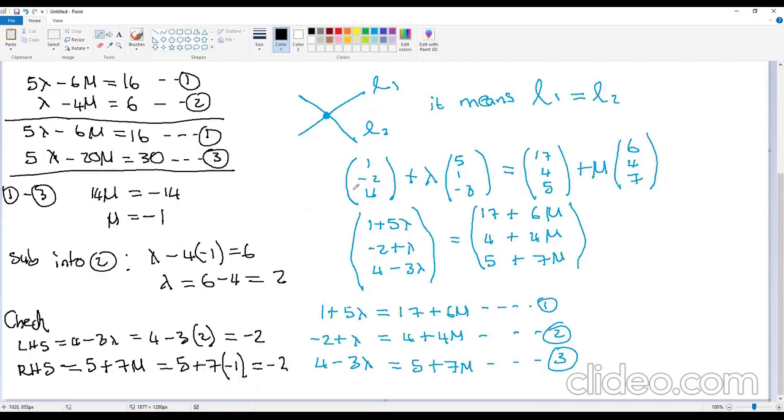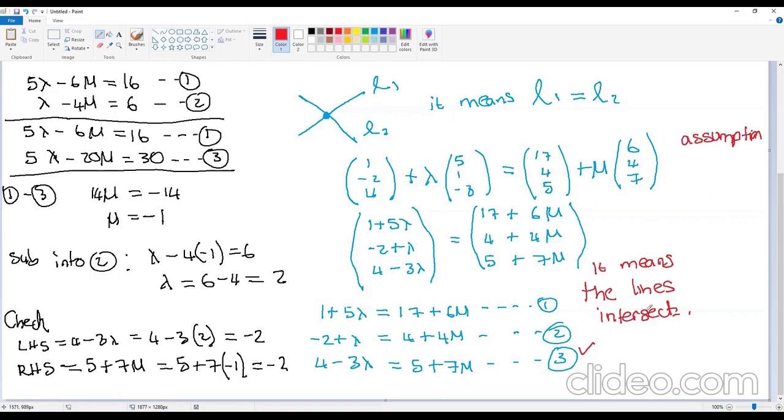Therefore, indeed, because they satisfy 3, it means the lines intersect. It means this equation that we assumed is correct. This was an assumption.